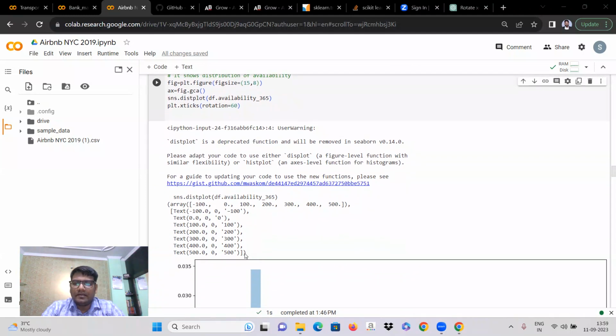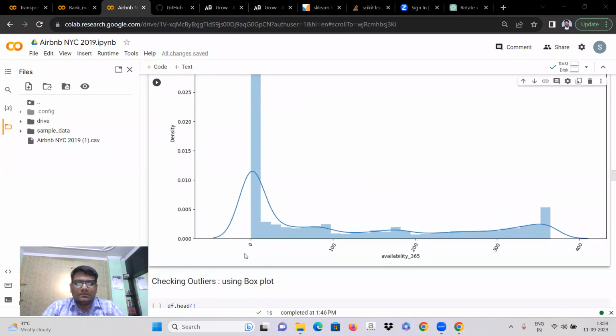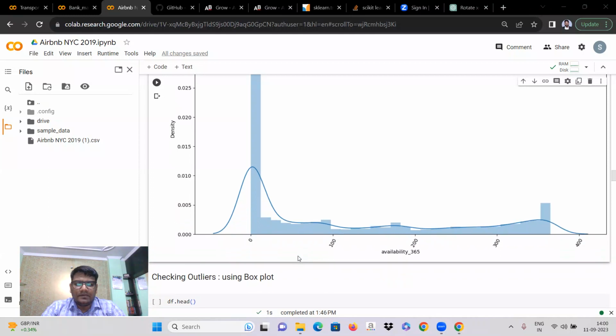So here we'll be checking the availability of a hotel throughout the year. I see most of the hotels or residences available for the customer are available for a shorter time, just a fragment of time in a year, and there is a considerably low number of hotels or residences that are available throughout the year.